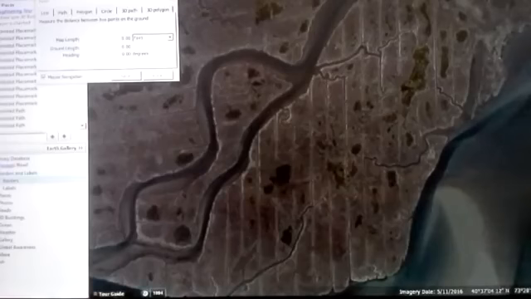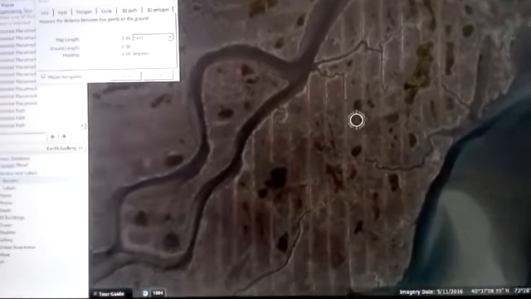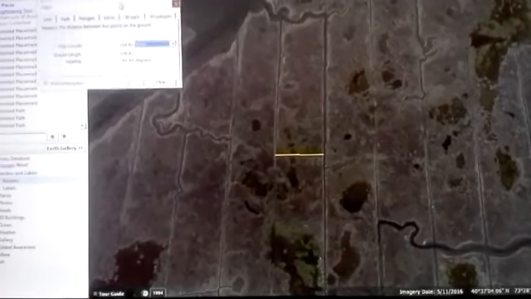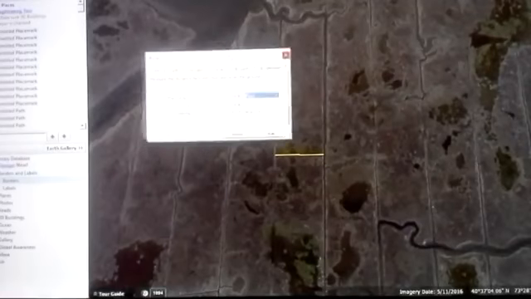And let's see, for example, this is showing at 330 feet.